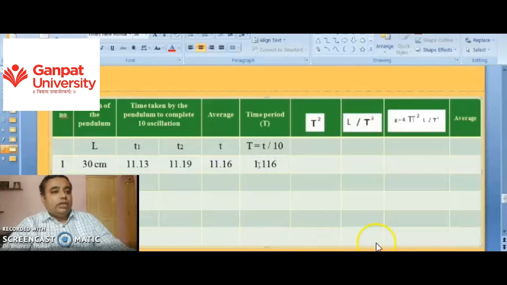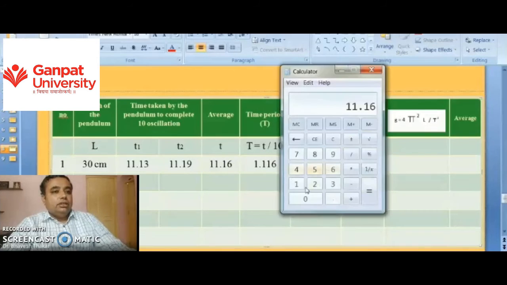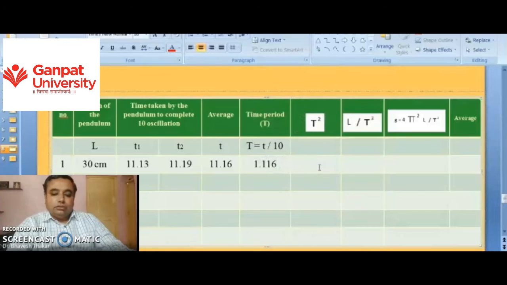We have to square this. 1.116 into 1.116. So 1.245, taking the reading up to 3 digits. 1.245, that is the T square.